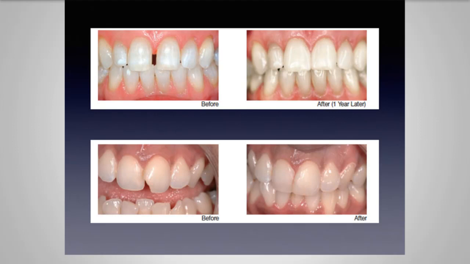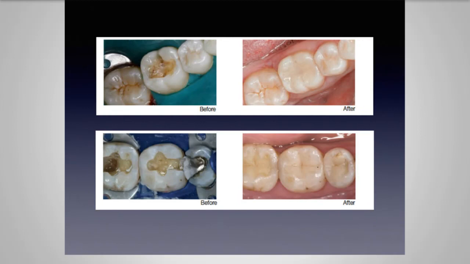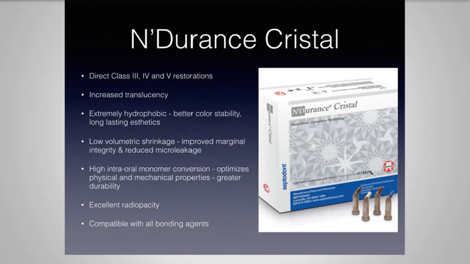So having something with some decent strength, and of course balancing that occlusion in the front to minimize the forces there, you're going to have a better result long term. Posteriorly, you're going to get really nice results there too. Getting out the old restorations, making sure you're clearing out the decay, you make life easier and nicer for your patients as you go forward.